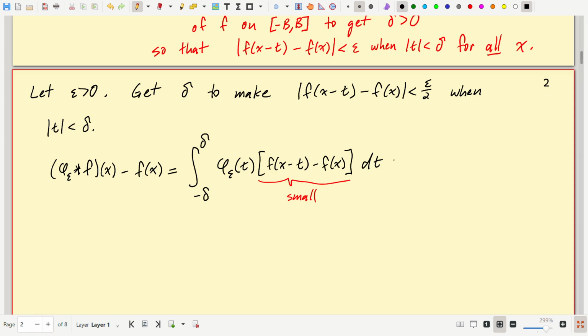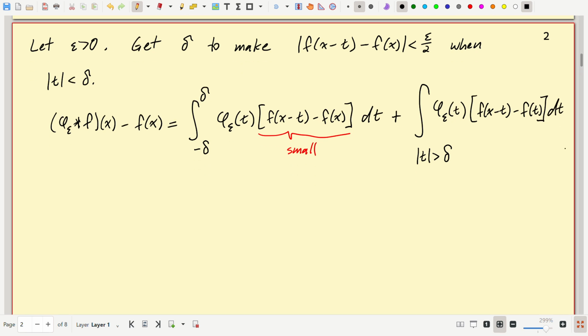And in the homework you did the last time, we do have the integral where the modulus of t would be bigger than delta, phi epsilon t times this thing dt. Okay, so I need to estimate these two things separately. Let's call this one I1 and this one I2.